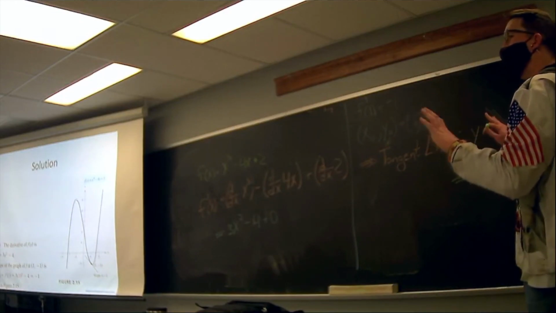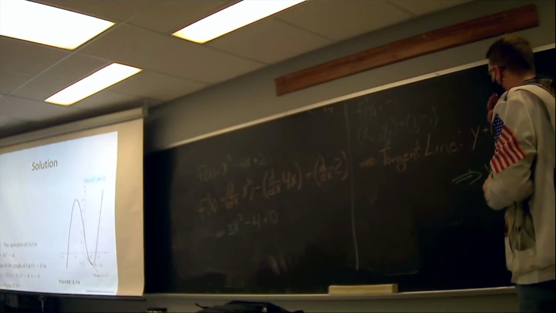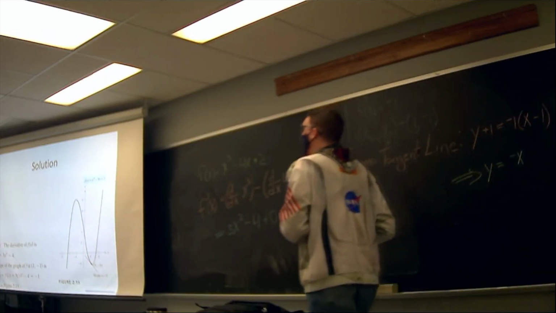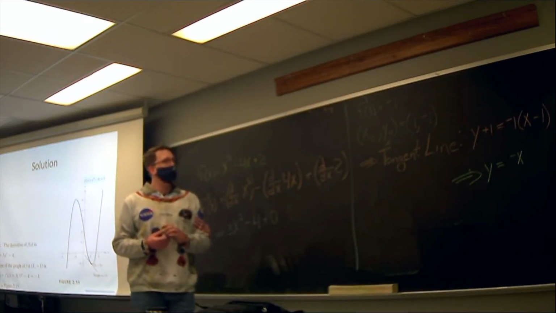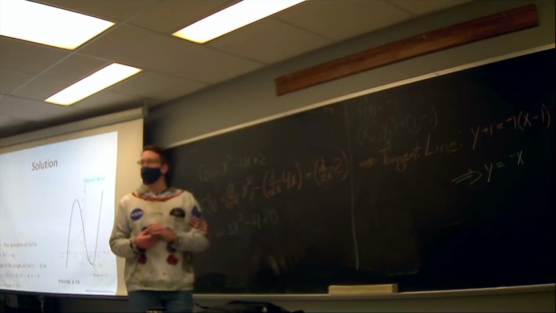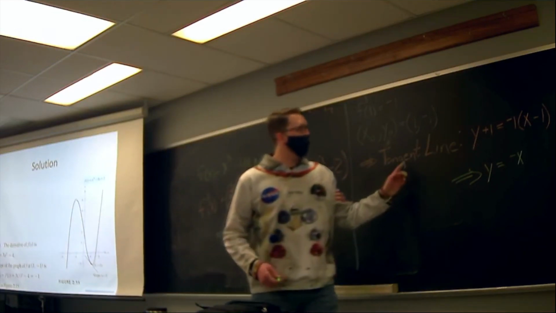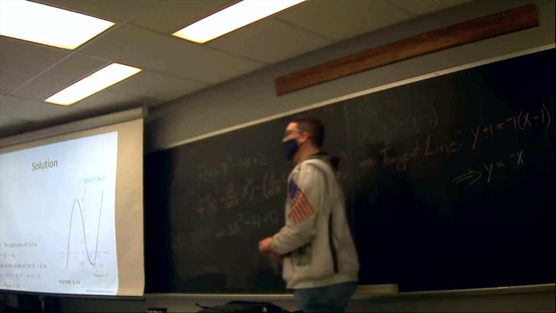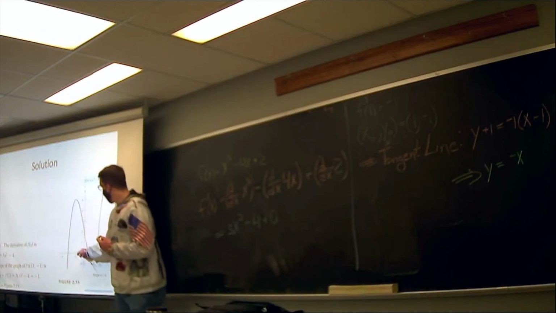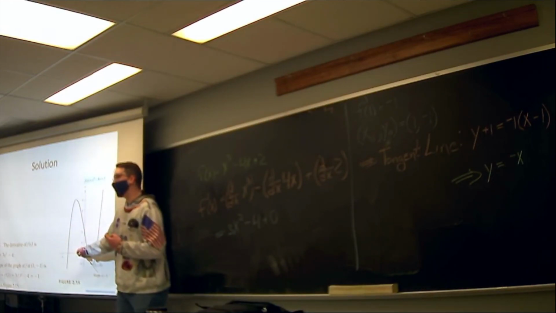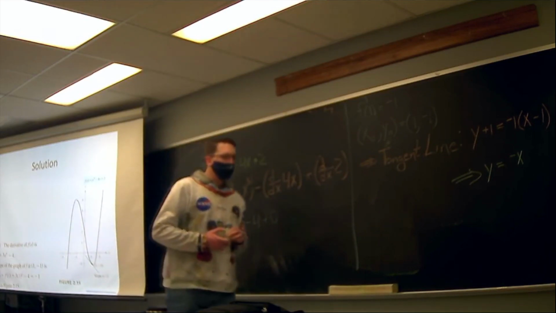It's a fluke that it's equal to our y value. And then from there, we just apply point-slope formula. And when we do, in this case, we find that our tangent line is y equals -x, which, looking at this, is about right. It goes through our origin, it looks like it's about y equals -x.